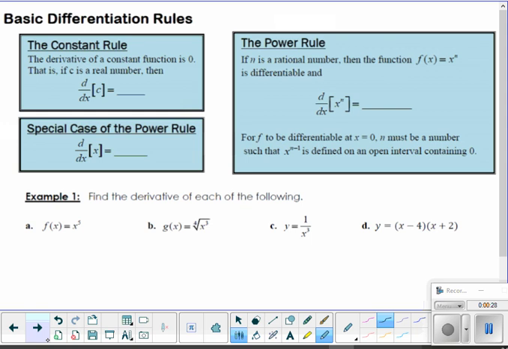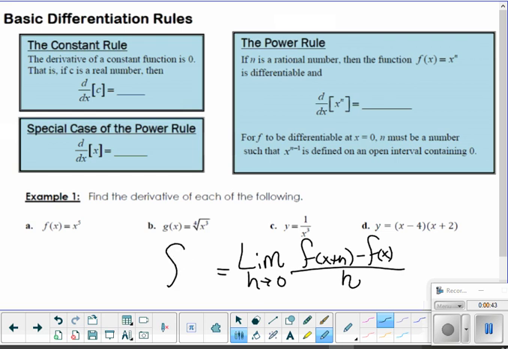And these will be nice because our way of finding the derivative before was the limit as h goes to 0 of f of x plus h minus f of x over h. And this was defined then as the derivative at x. So that's the general case derivative.